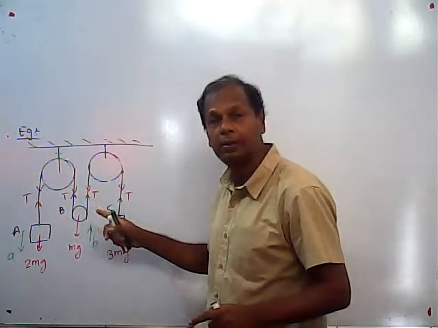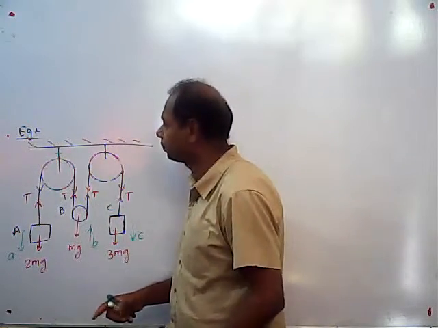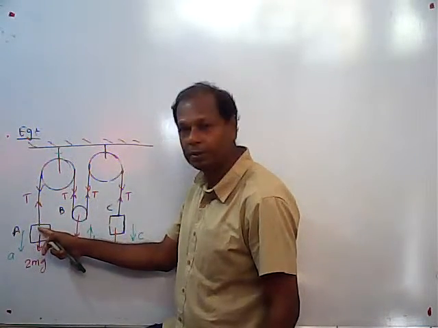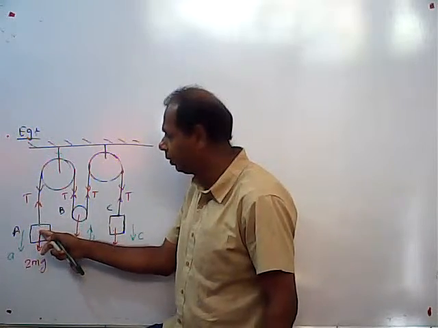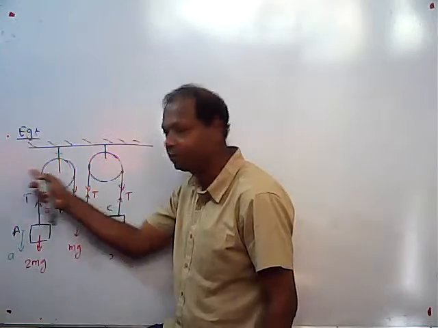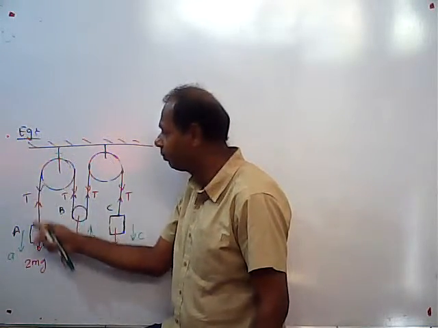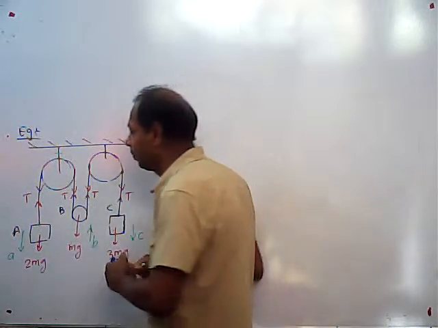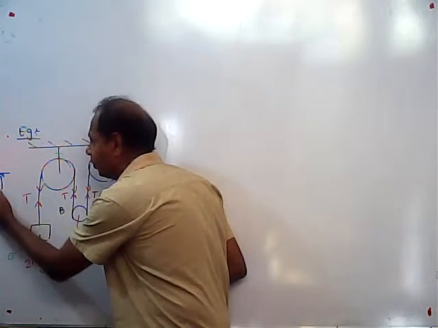This is the new thing here. Listen carefully, everybody. I mark the distance from this fixed pulley to this moving object. I take this as the reference point, and from that I measure the distance to this moving object, say some x.